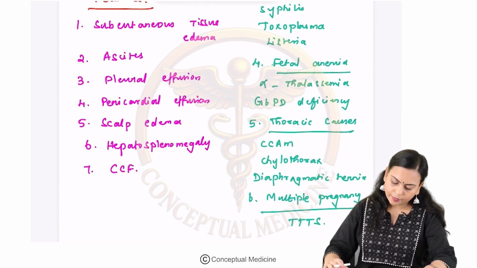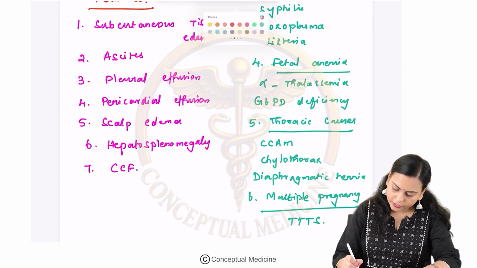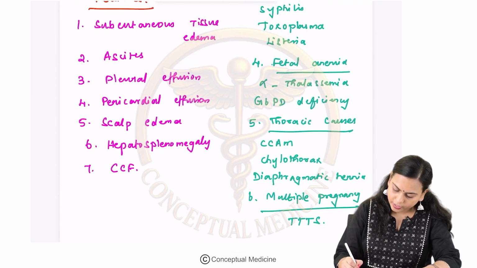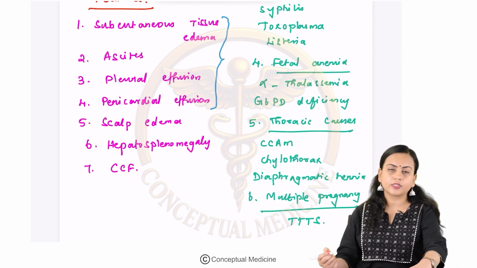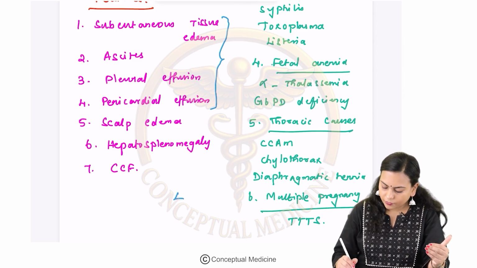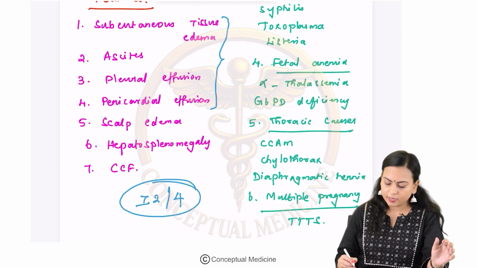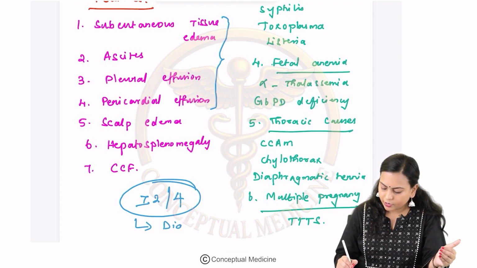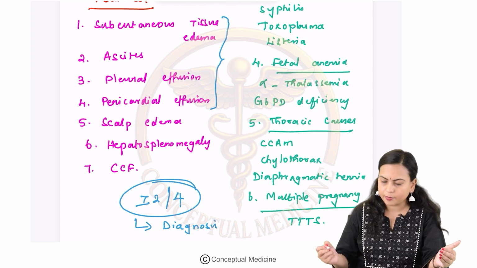Remember the first 4 features are the most important: subcutaneous tissue edema, ascites, pleural effusion, and pericardial effusion. Among these 4 features, if you have 2 or more, then a diagnosis of Hydrops fetalis can be made.